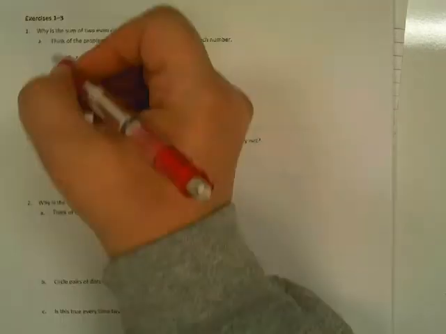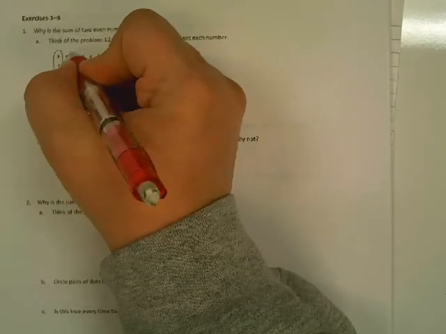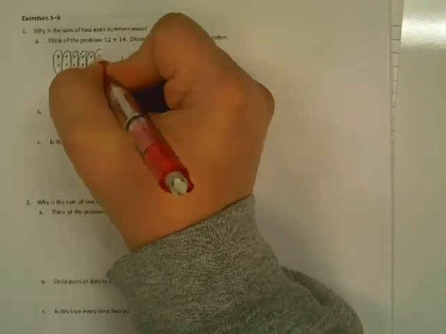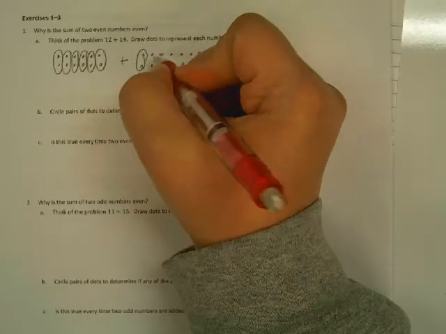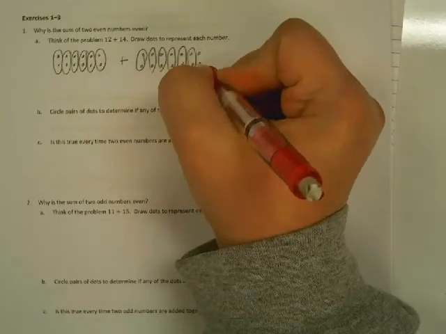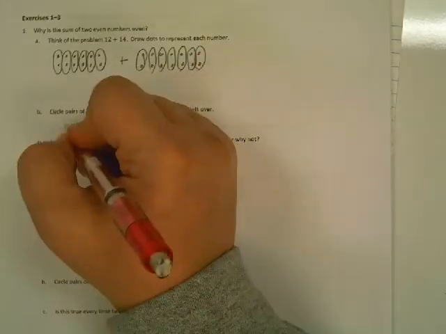There's my next set of 12. And then it says, circle the pair of dots to determine if any dots are left over. So I'm just going to connect the top and bottom rows. And you can see that there are no leftovers.